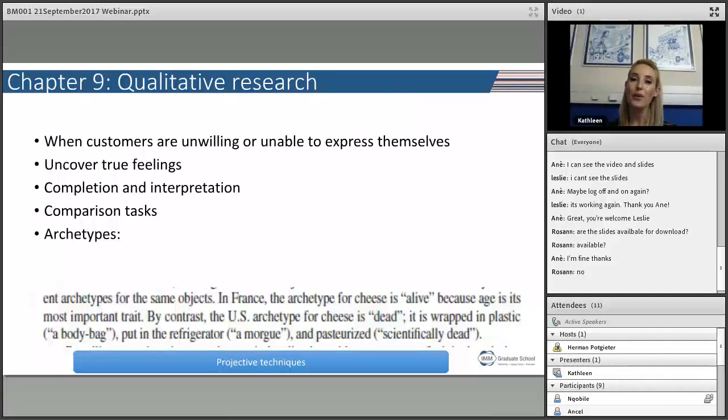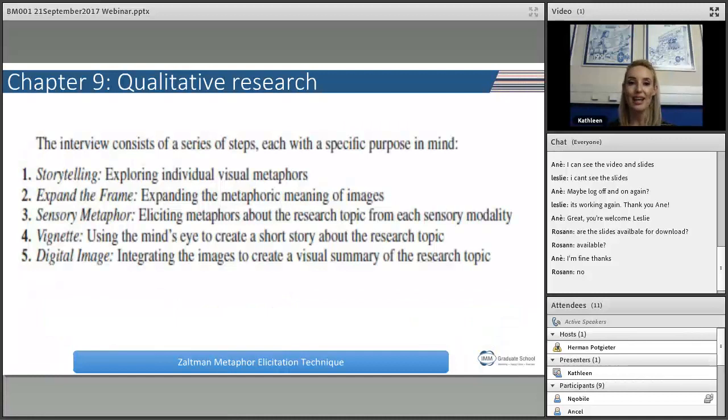In that way, we were able to identify indirectly how customers view cheese in a way that they probably wouldn't have answered if we said to them, what do you think about when you think about cheese? I doubt that anyone would have said, oh, I think it's alive with bacteria, or I think that it's dead because it's in the fridge.